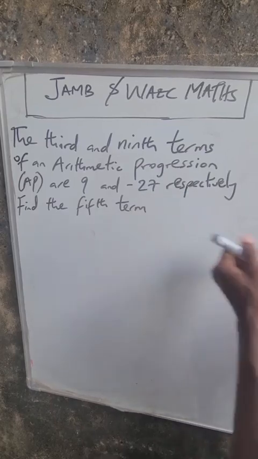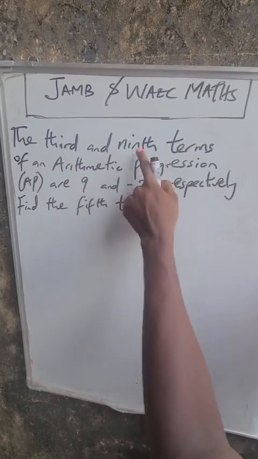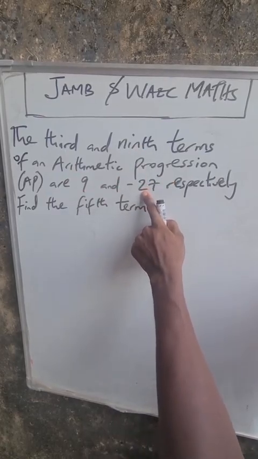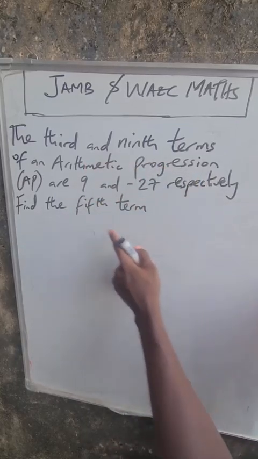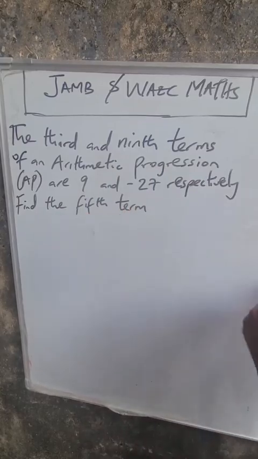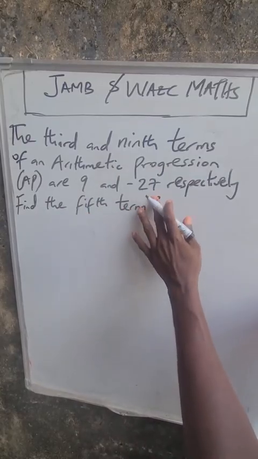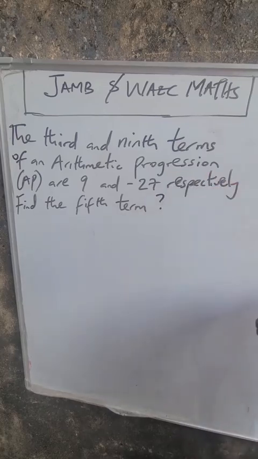So it means that the third term is 9, the ninth term is minus 27, of an arithmetic progression. And now we are asked to find the fifth term of such a sequence.